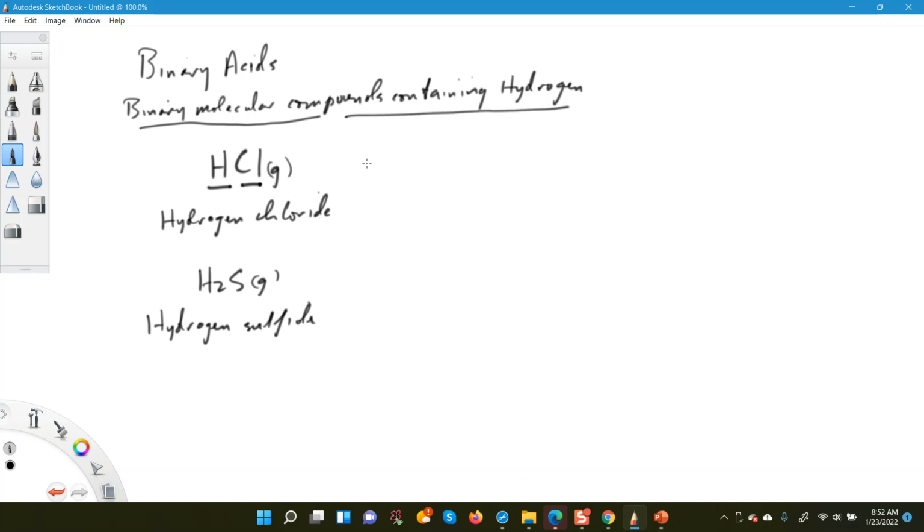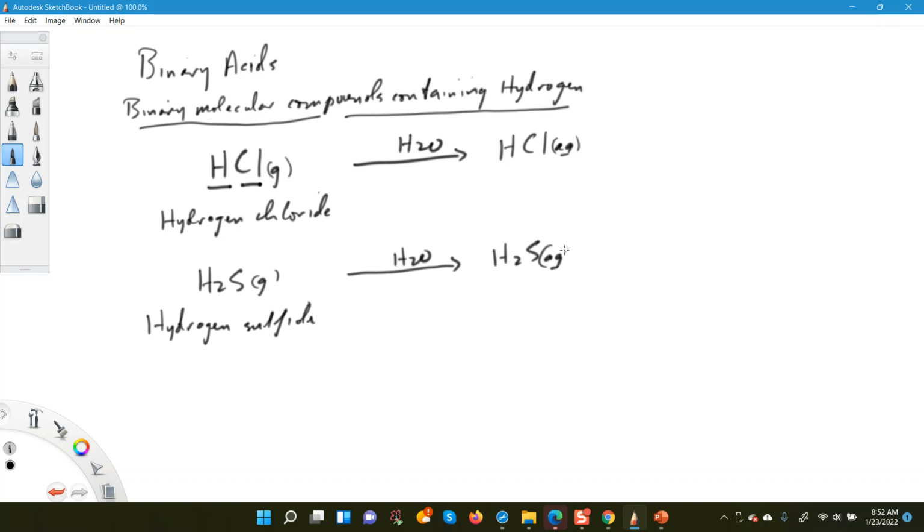Now, if you were to add these compounds to water, you're going to get an aqueous solution containing these substances. So this becomes HCl aqueous, and if you do the same thing here, this becomes H2S aqueous.